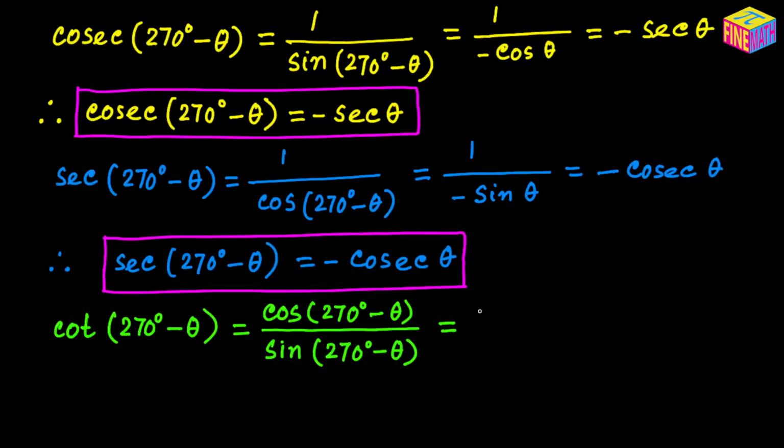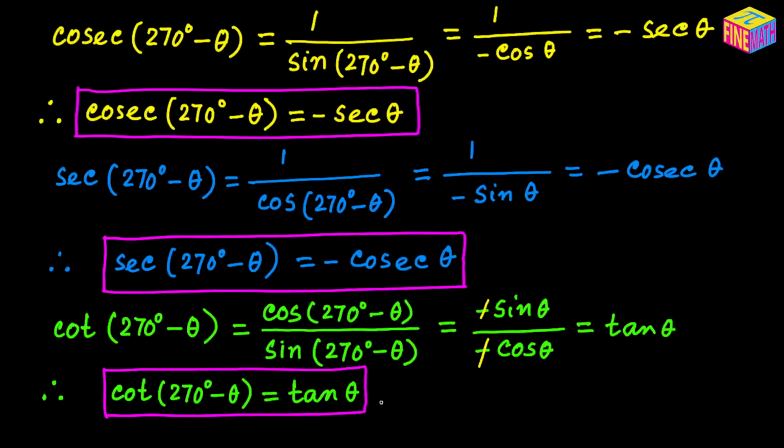That was actually negative of sine of theta. And then what was the value of sine of 270 degree minus theta? That was actually negative of cosine of theta. Here you can see that the negative 1 in the numerator and the denominator will cancel out each other. So we are now going to be left with sine of theta divided by cosine of theta. That would be tangent of theta. So this is positive tangent of theta. So let me make a quick note.